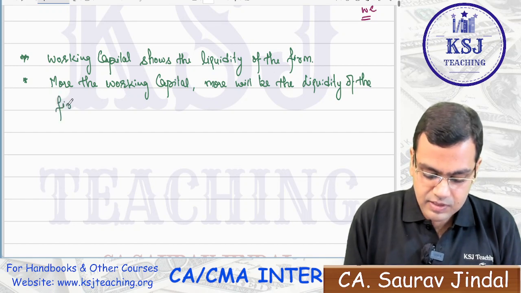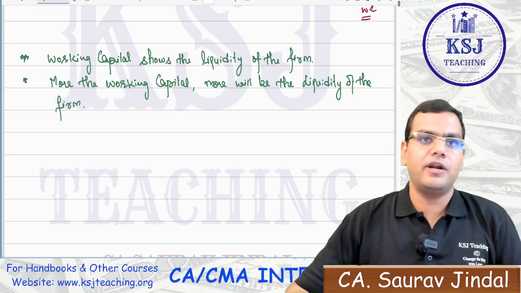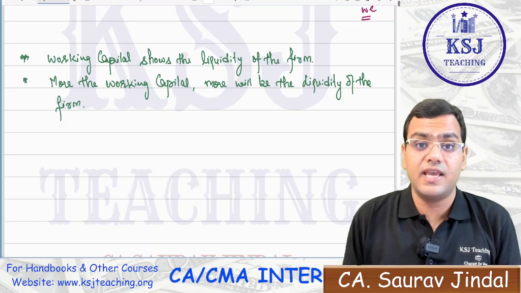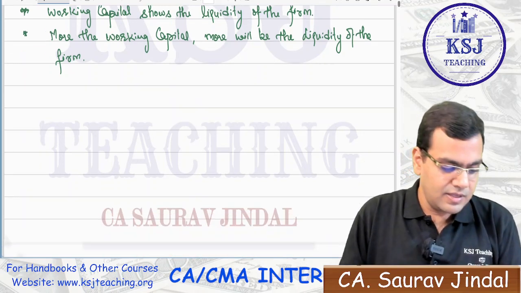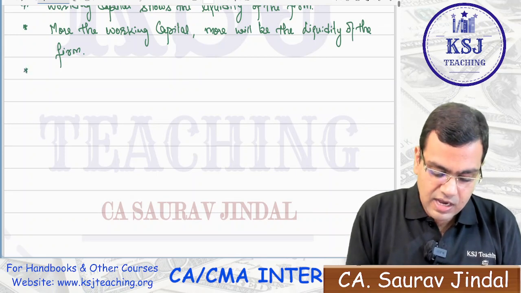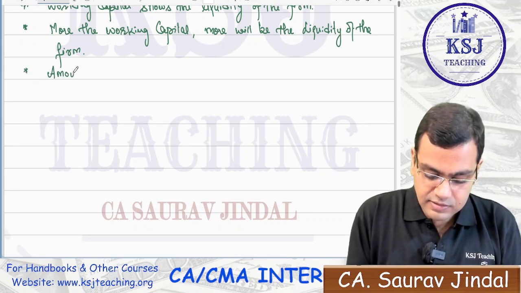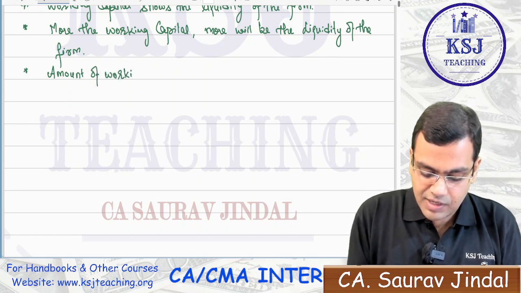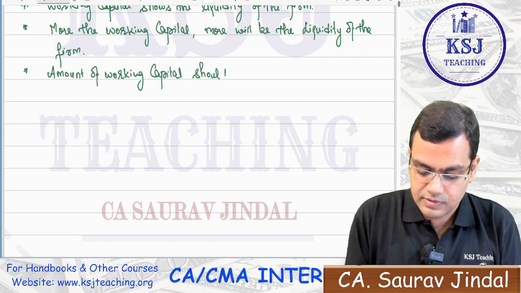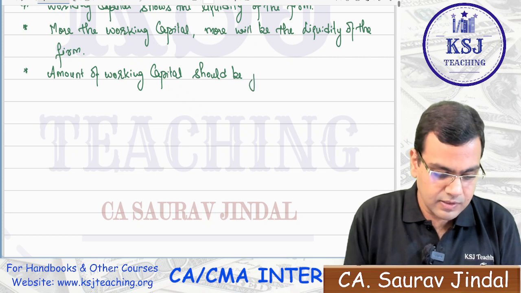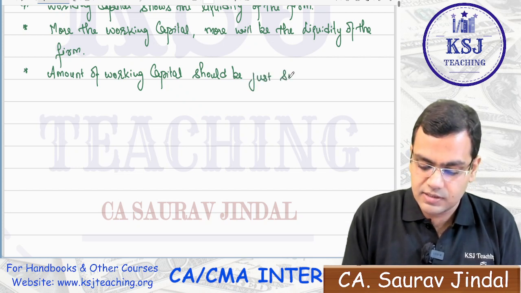Right, sir? But one more important point regarding the working capital. Sir, we say the working capital should be just sufficient. What I'm saying is that the amount of working capital should be just sufficient.